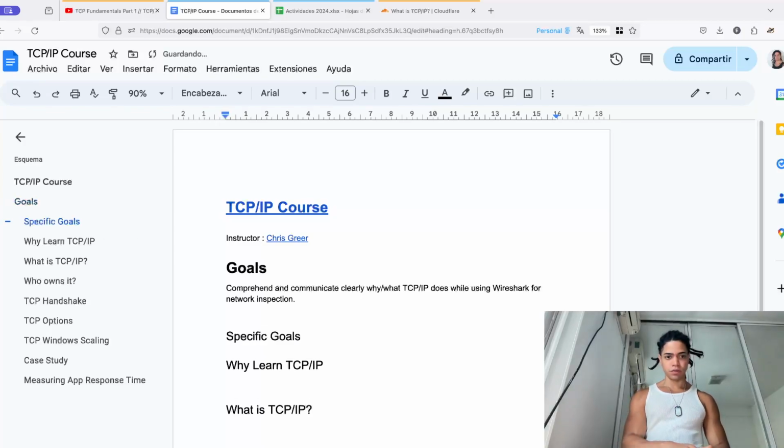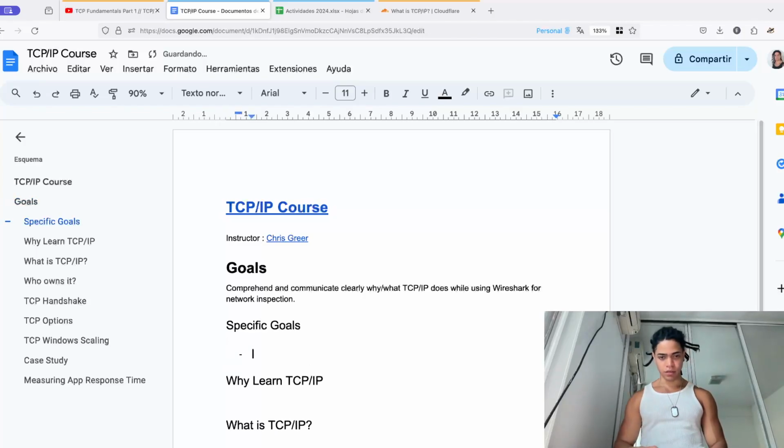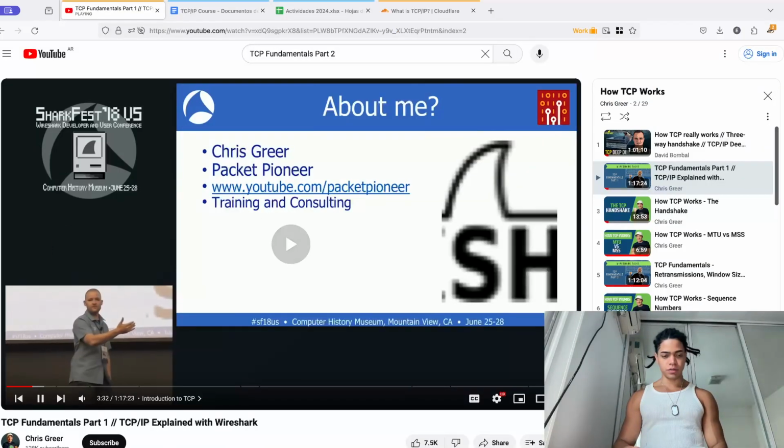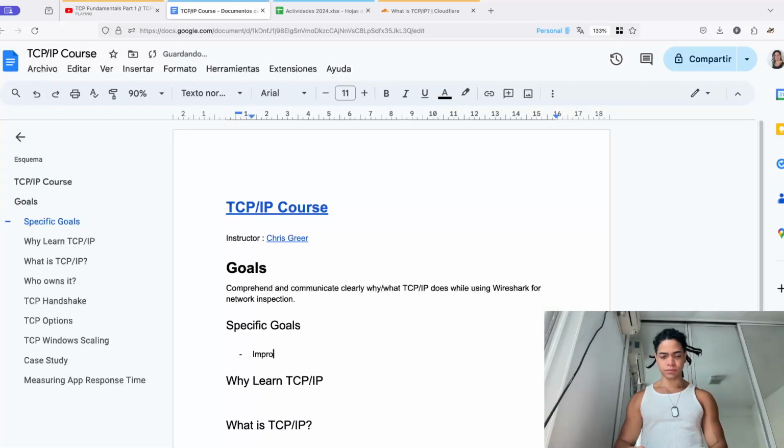Specific goals here. The specific goal is to improve my communications with customers so that they can better explain what's happening in their trace file.